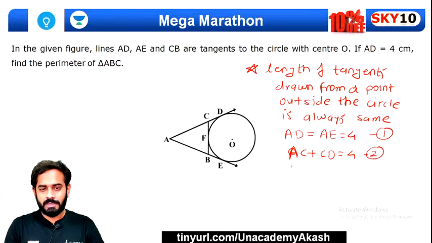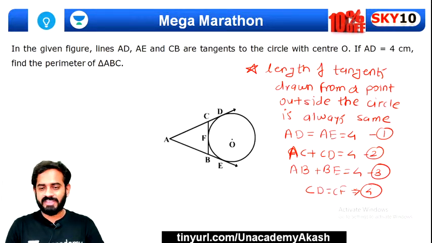Similarly, AB plus BE is equal to 4. This is the third equation. And we know that CD is equal to CF. That is the fourth equation. Why? Because they are tangents drawn from the same point. Similarly, BF is equal to BE, this is the fifth one.